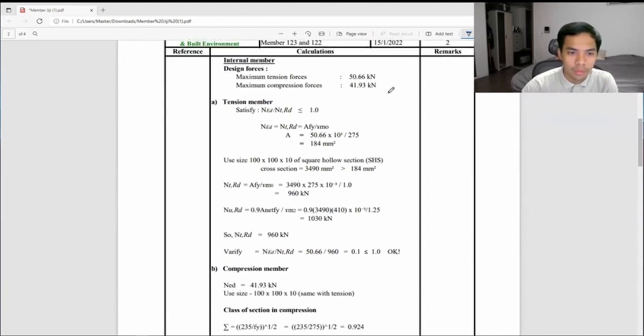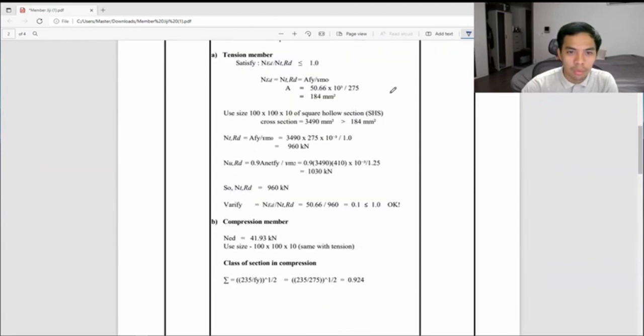For the tension member, we certify that N_Ed over N_t,Rd must be less than 1.0. So from the N_Ed value, the area is 184 mm square, we decided to use a size of 100 times 100 times 10 square hollow section, which has a cross section of 3490 mm square, larger than 184.